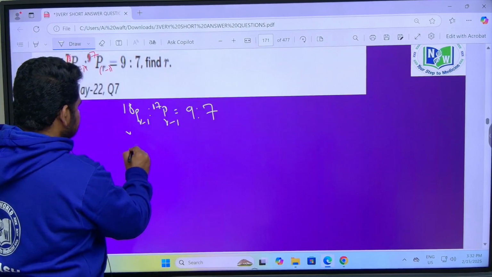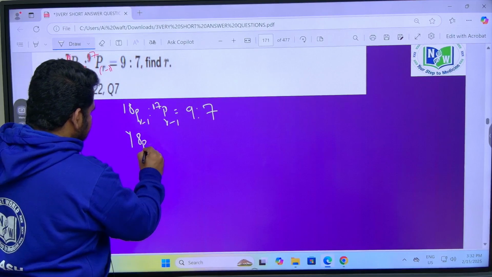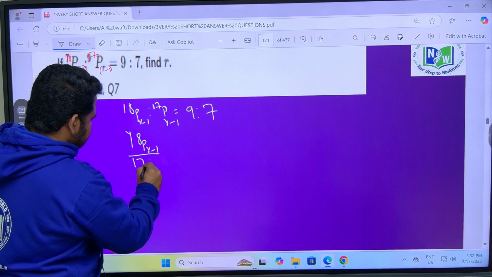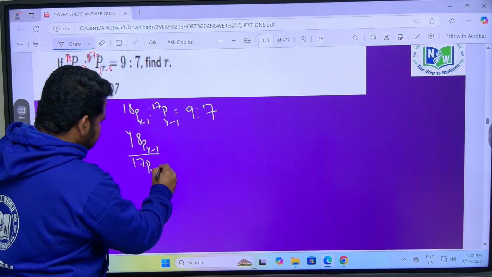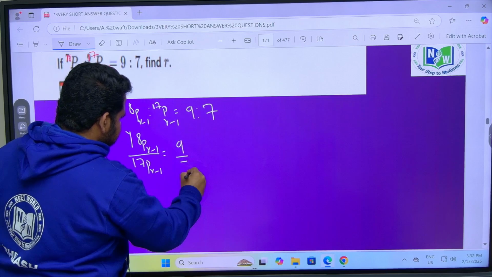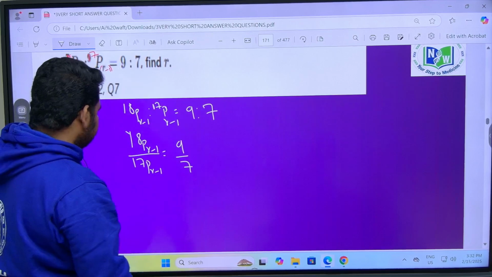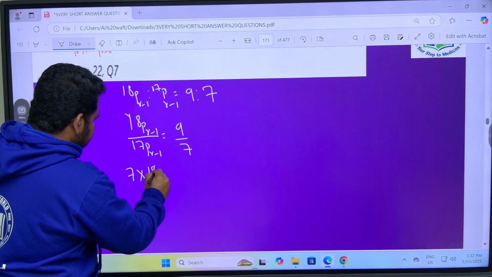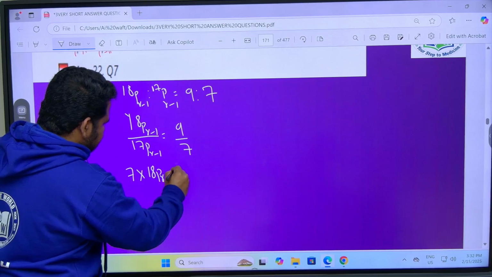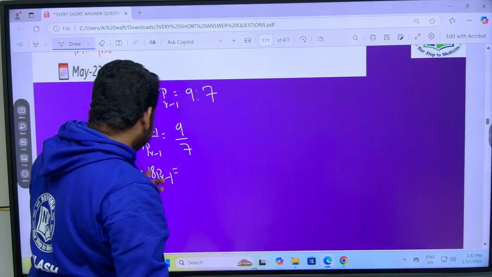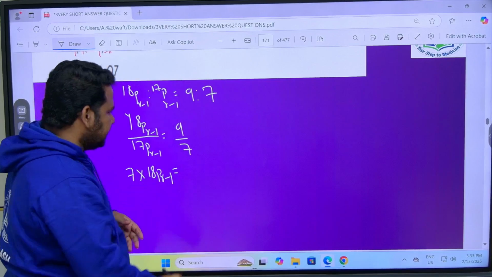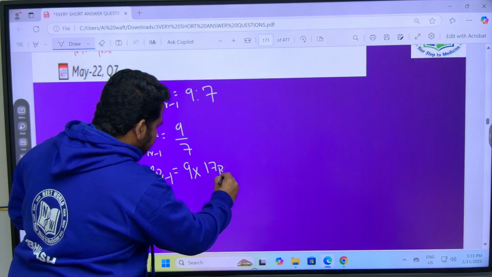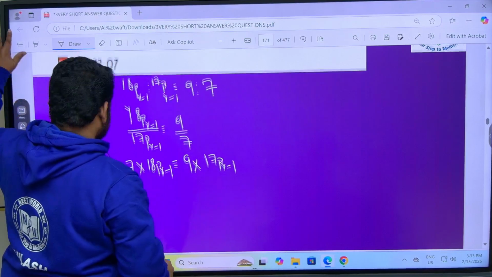So I can write this as 18P r minus 1 divided by 17P r minus 1 is to 9 is to 7. If we cross multiply, we will get 7 into 18P r minus 1, then 9 into 17P r minus 1.